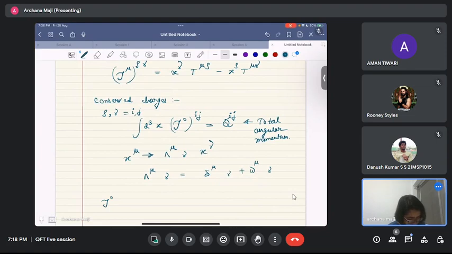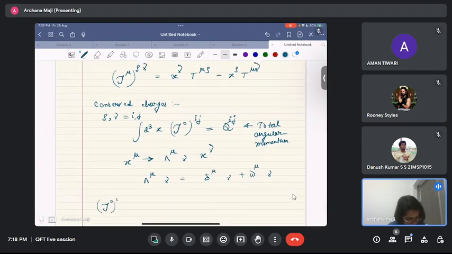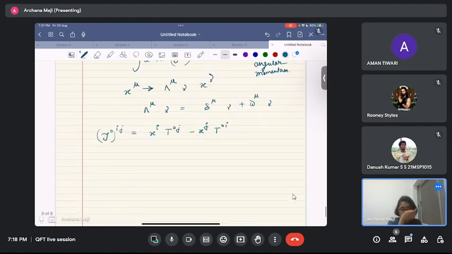So J0ij is equal to xi T0j minus xj T0i. But if you remember, what was T00? T00 was the Hamiltonian density. T0i was momentum density, right? When we integrated T0i over all space, we obtained total momentum.